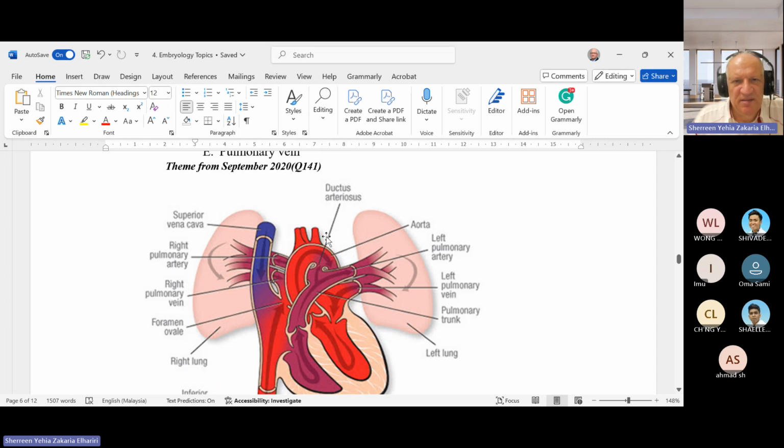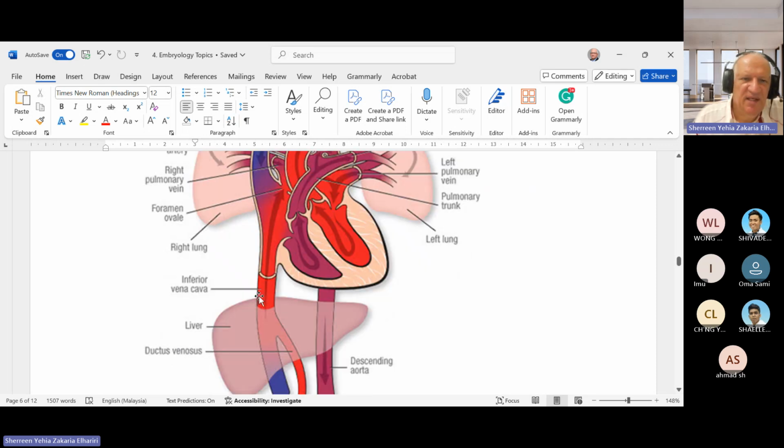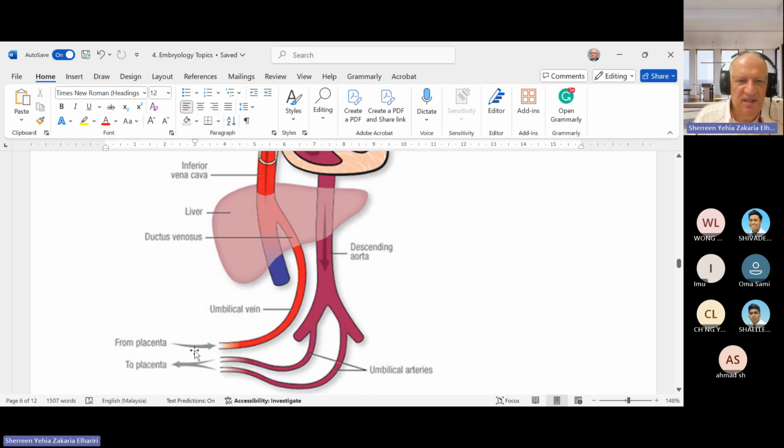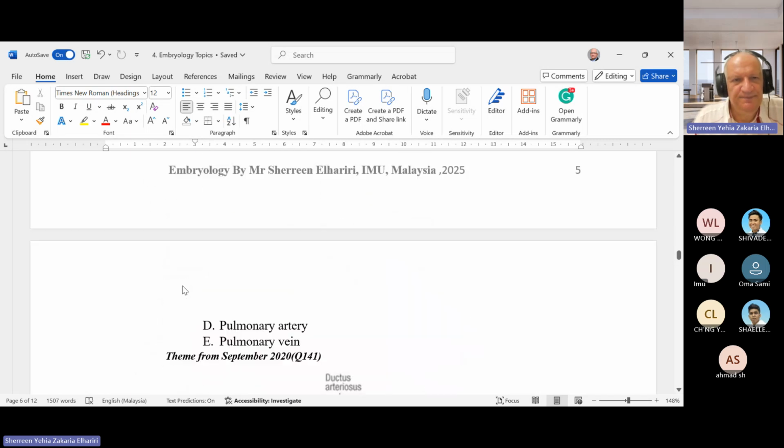And you have a connection between the arch of the aorta and the pulmonary artery, called the ductus arteriosus, which can later be a patent ductus arteriosus. And of course, after cutting the placenta, all these arteries become ligaments, like the medial umbilical ligament.